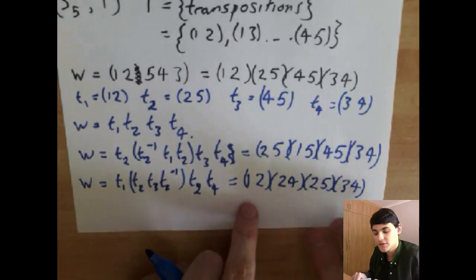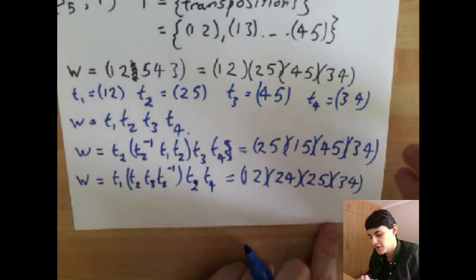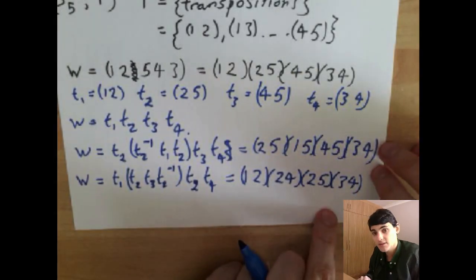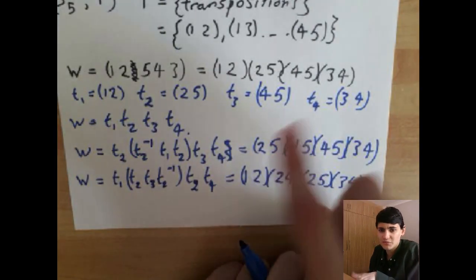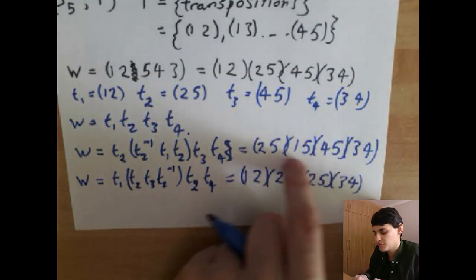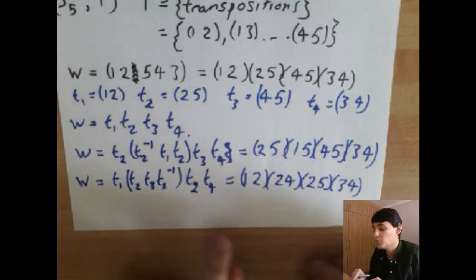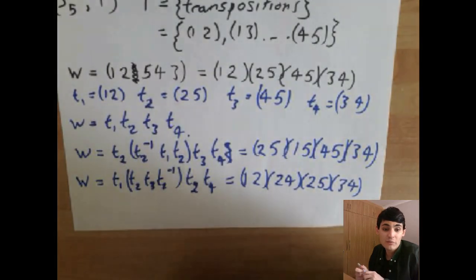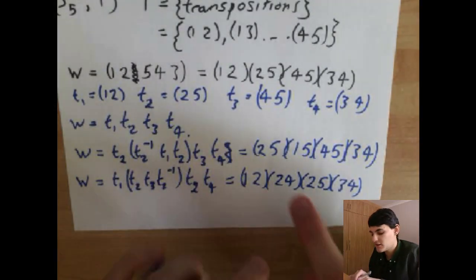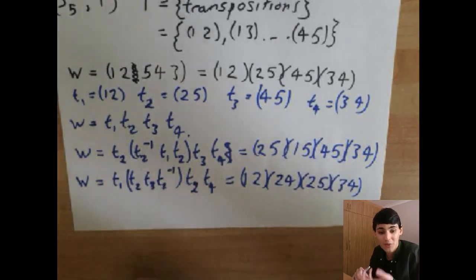If you calculate the full cycle stuff here and work these out, you will end up with W. You can just trust me on that, and you can use matrix representation to verify that these are both reduced as well.